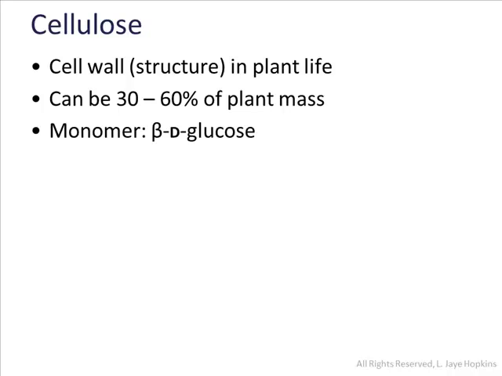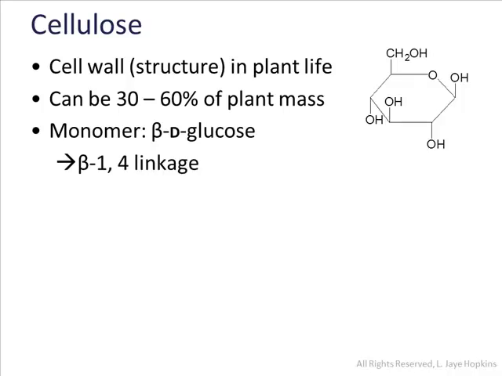The monomer for cellulose itself is really just a beta-D-glucose molecule. So again, it's D-glucose with the anomeric carbon's OH group in the upward pointing beta conformation. What's really significant, however, is that this means when the molecules of glucose are bonded together, we're dealing with a beta-1,4 link.